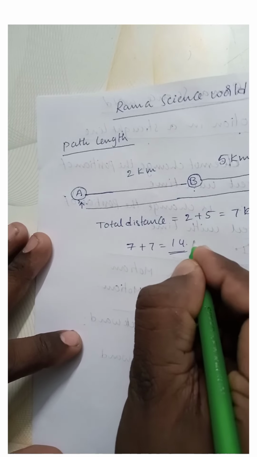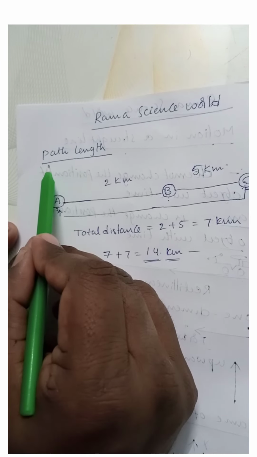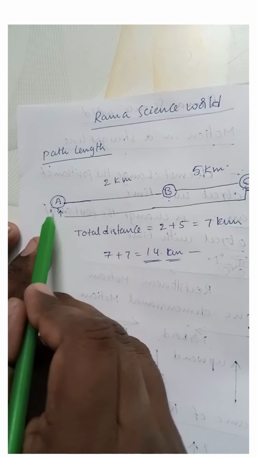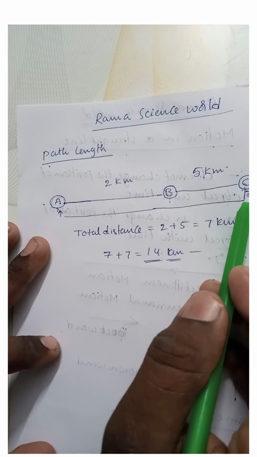So 14 kilometers is the path length. Path length means the total distance.